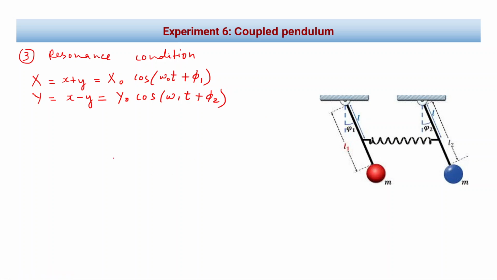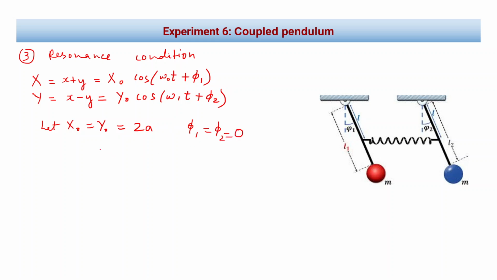So if we assume again, let these amplitudes have some value, say a, and these phases are 0.